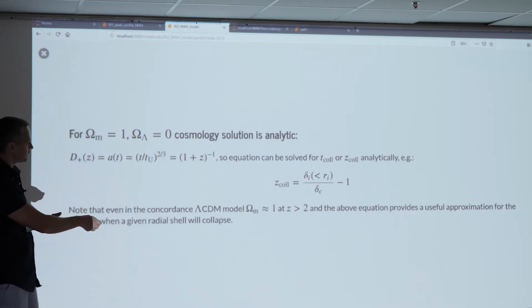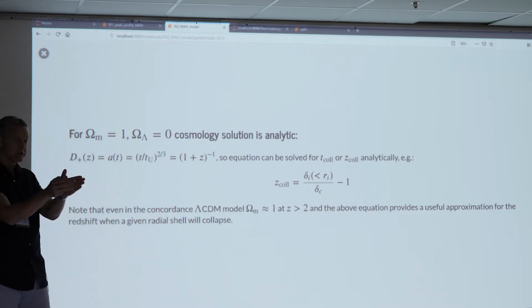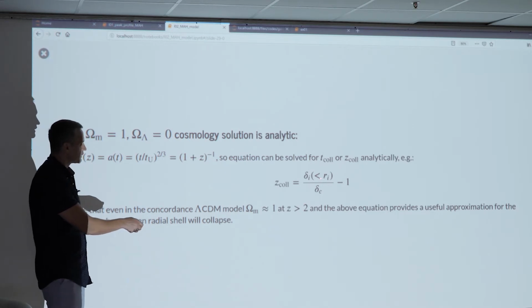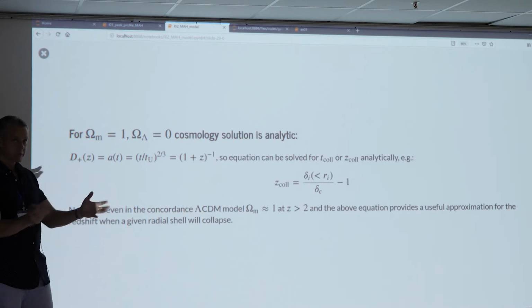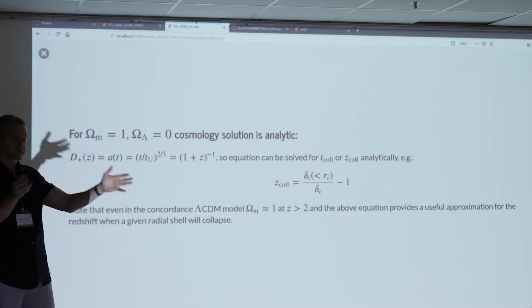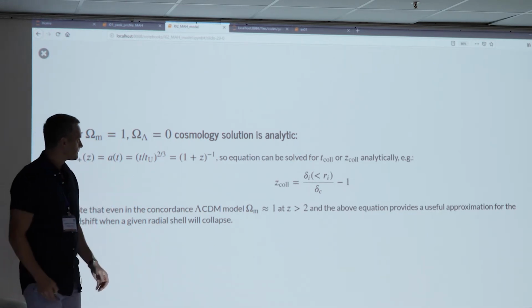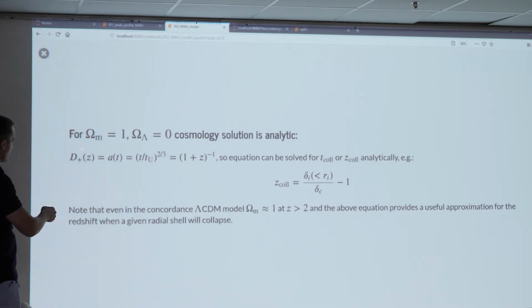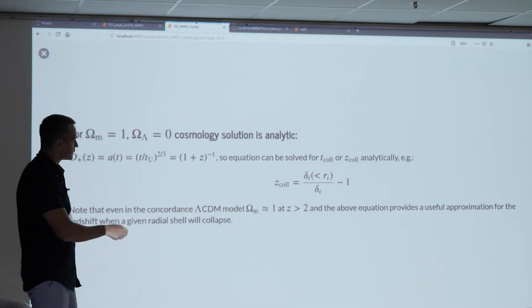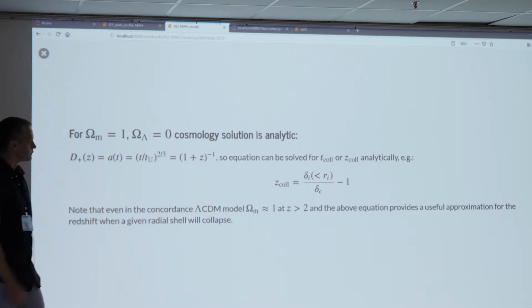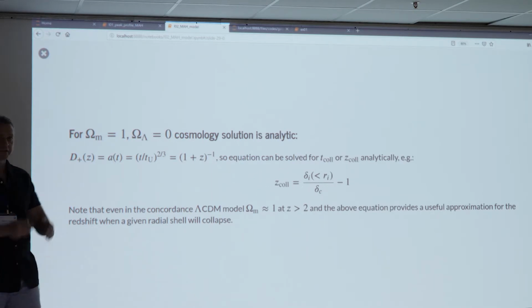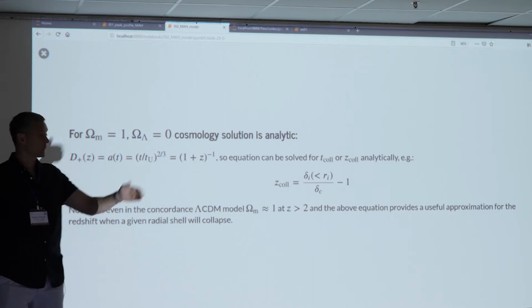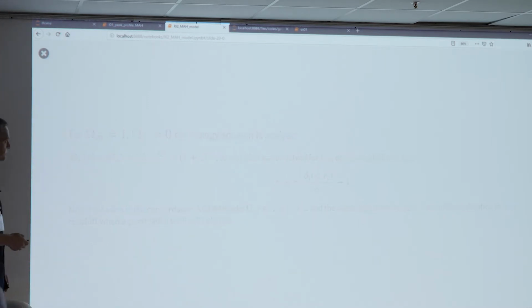And again, if the delta increases with decreasing radius, the smallest radii will collapse first, and then the largest radii will collapse, and will build up the mass of the object as a function of time, right? Of course, this is omega-1 universe. For any other cosmology, we'll solve for T-collapse numerically, but the basic fact remains that the sequence of collapse redshifts or collapse times just reflects the deltas of the initial shells of the perturbation.